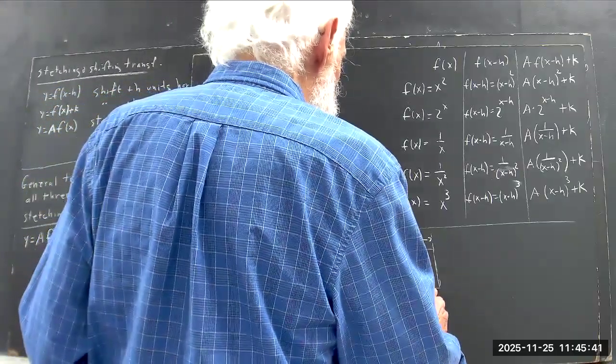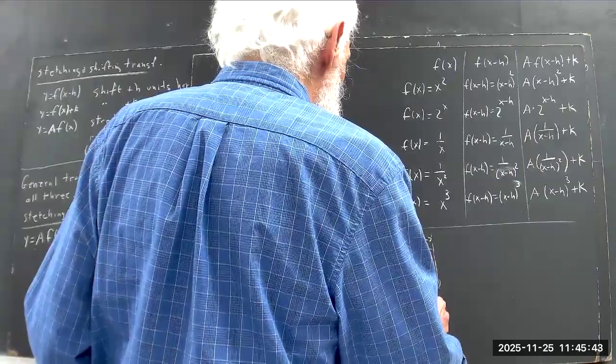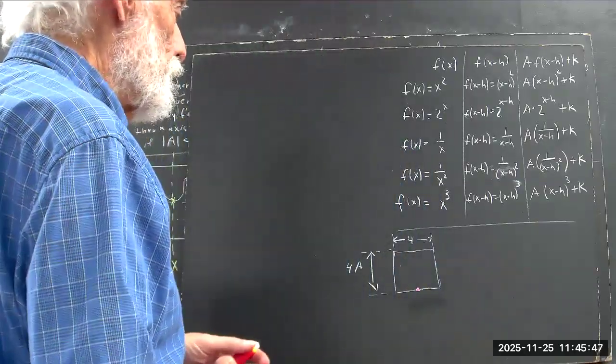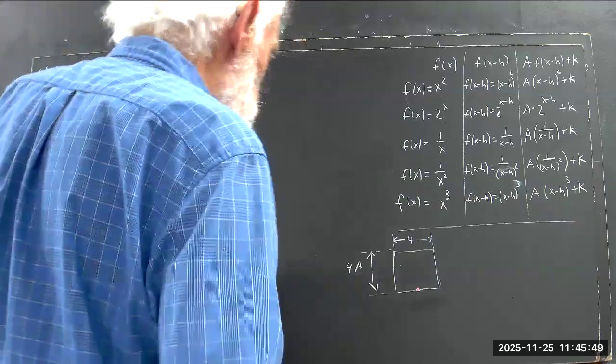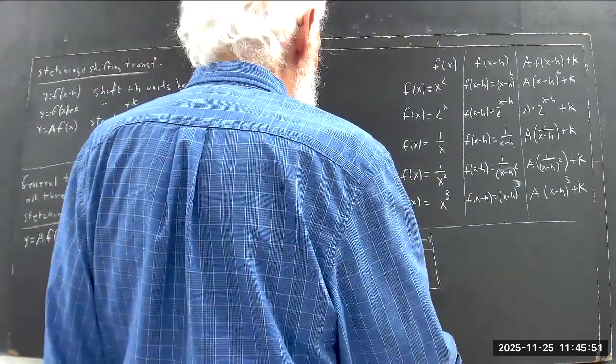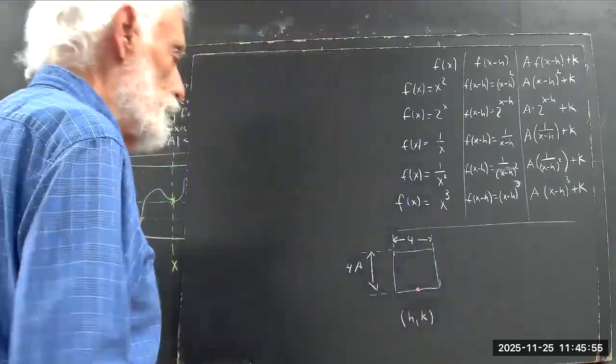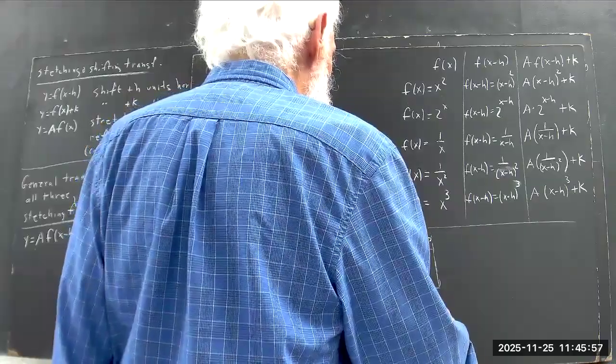If the red dot is at the lower center of the lower edge, the coordinates of the red dot are (h, k).